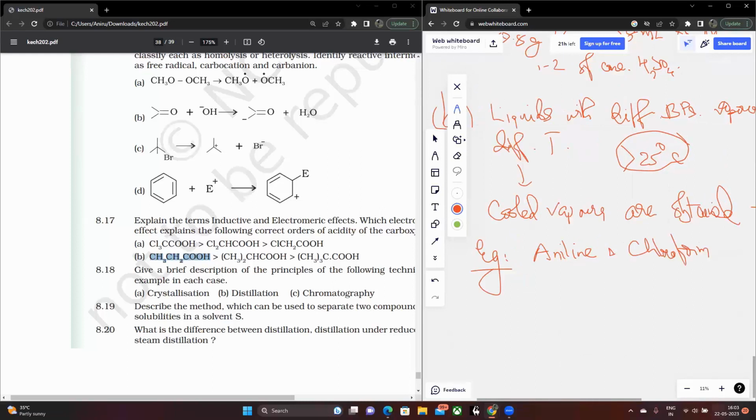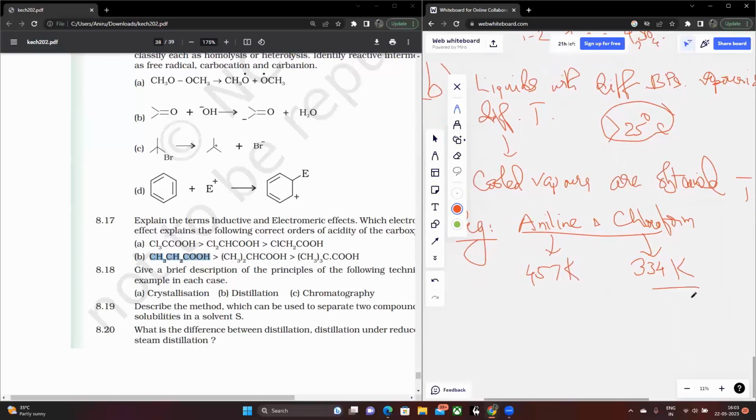Basically, what happens here is that you heat this mixture in a round bottom flask. What first vaporizes is chloroform, which boils at 334 Kelvin, while aniline boils at 457 Kelvin. So this boils off first, and to get pure vapors of chloroform outside, you run that through a condenser to obtain liquid chloroform.